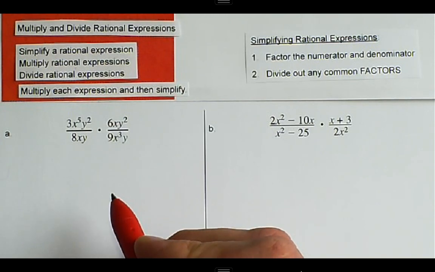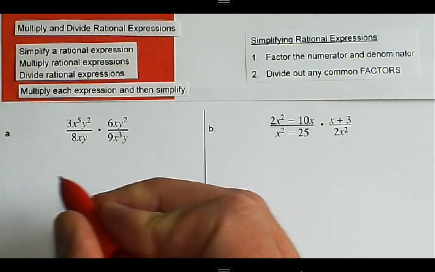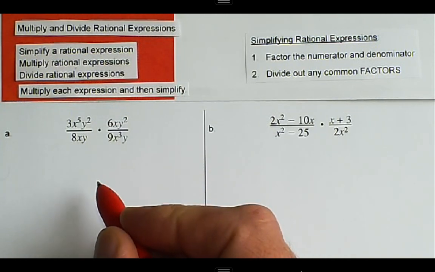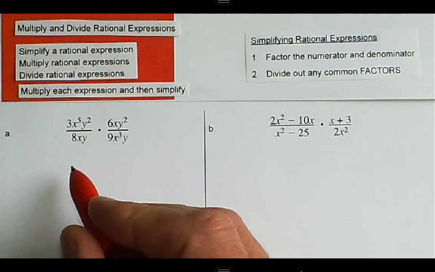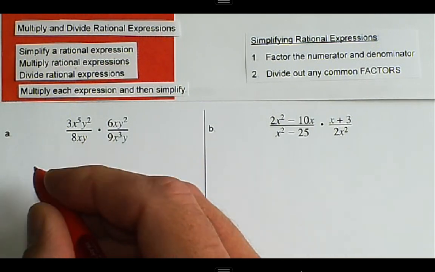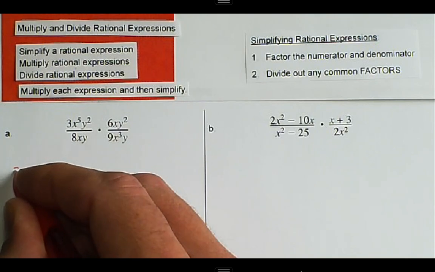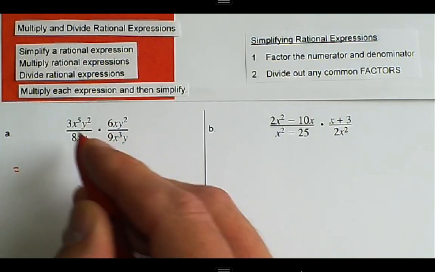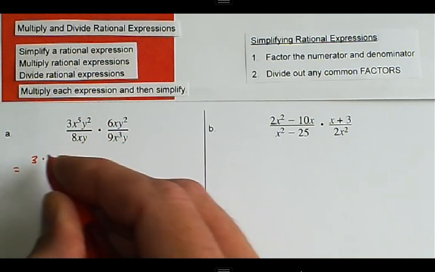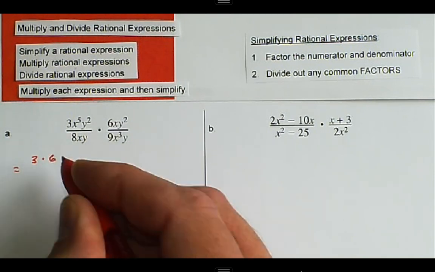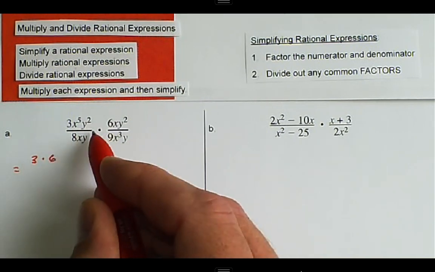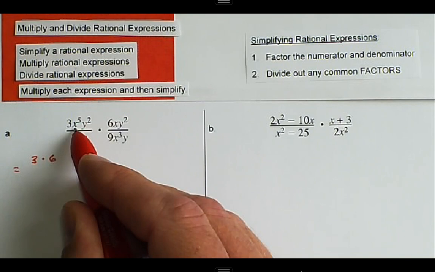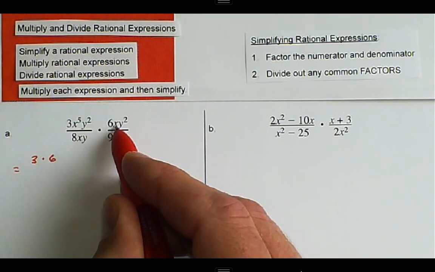So in cases like this, I like to rewrite this with the coefficients and the variables written in order. And so that's what we'll do. So I'm going to write down all the coefficients of the numerator. So this is going to be 3 multiplied by 6. Now I'm going to write down the next variable, which is x to the 5th and x to the 1st.